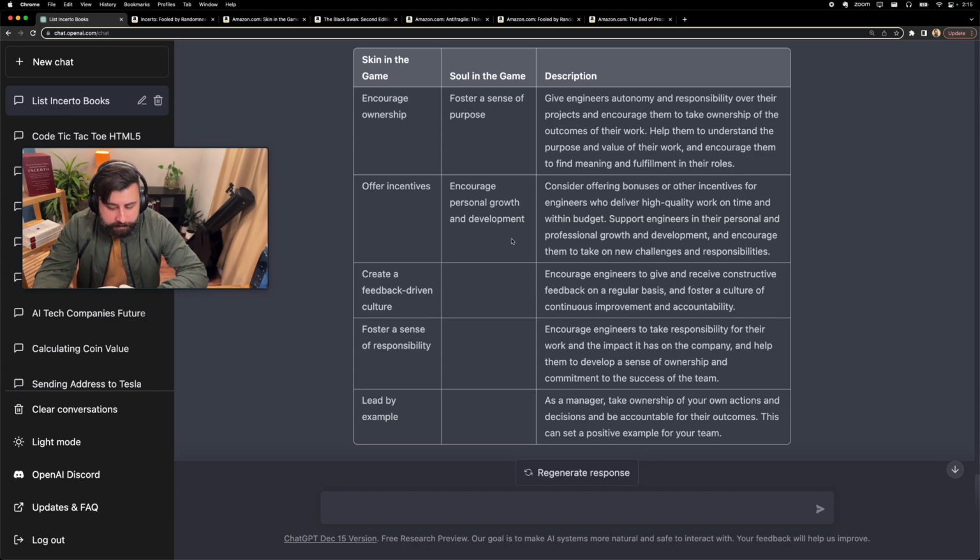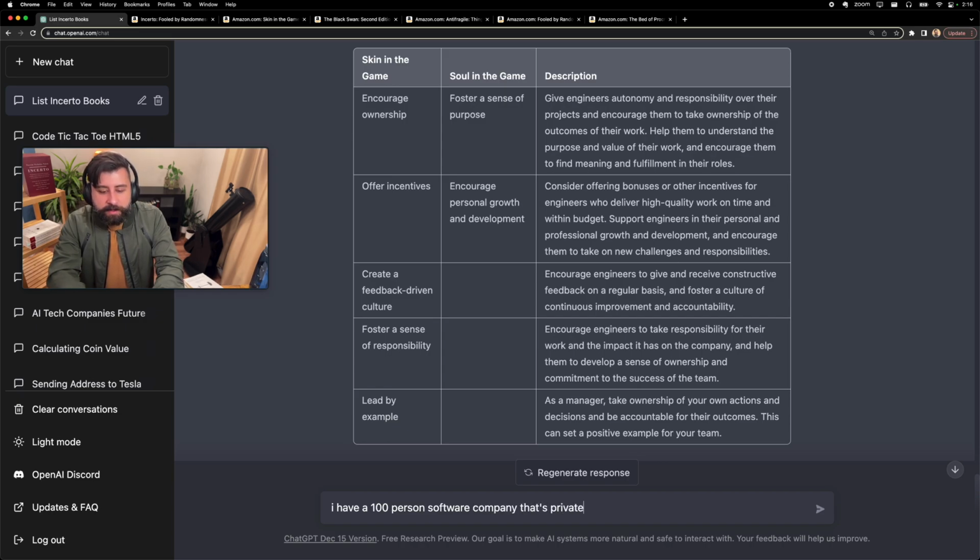So this is cool. If I had a business, I would get very specific, and maybe I would use ChatGPT to brainstorm ideas on exactly how. Let's try to do it. I have a 100-person software company. That's private. You know what?